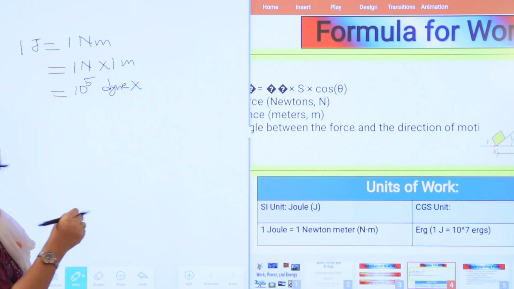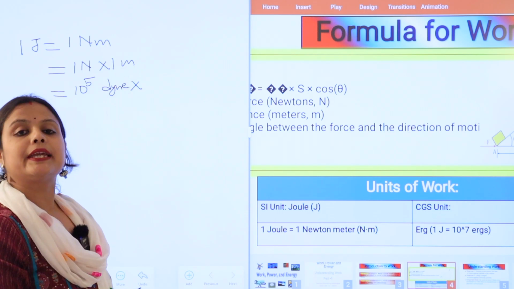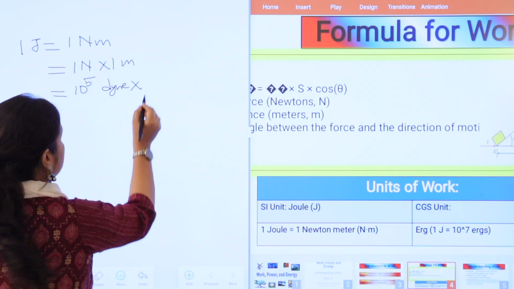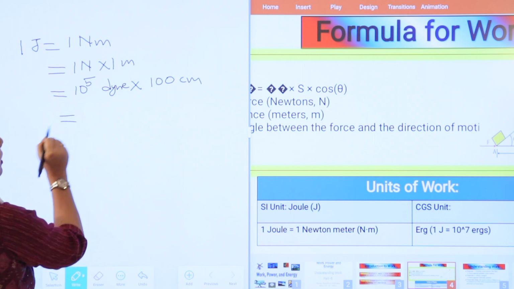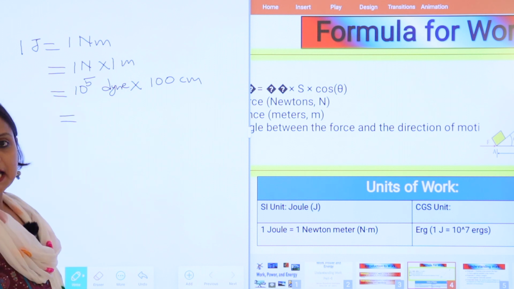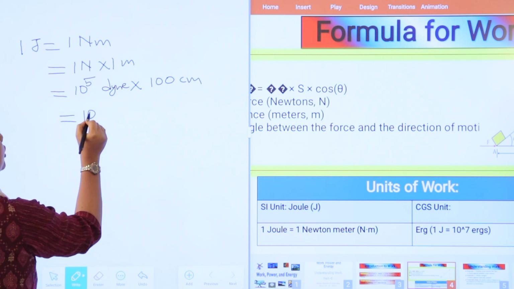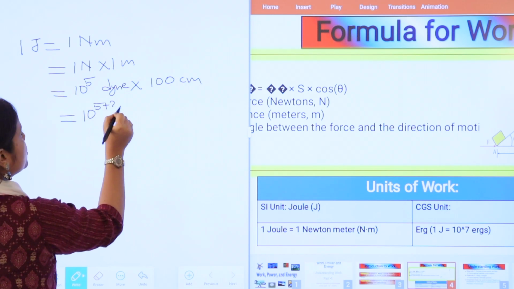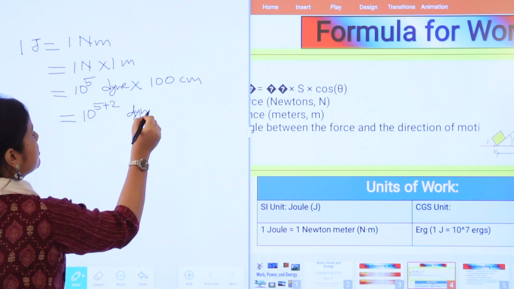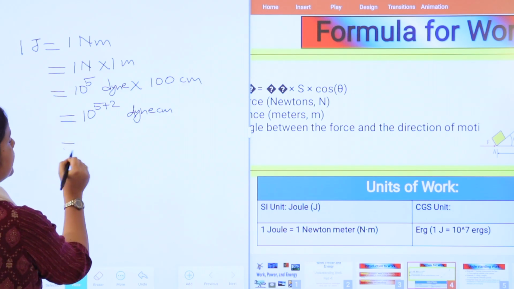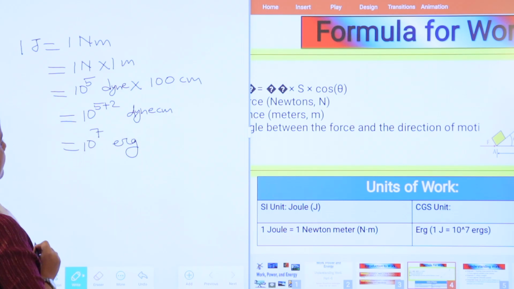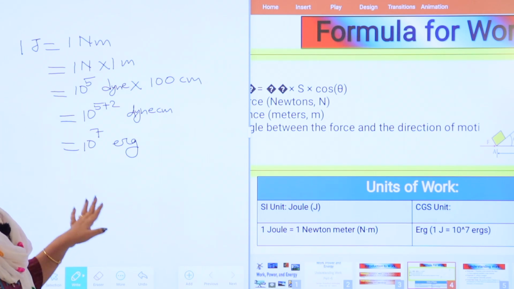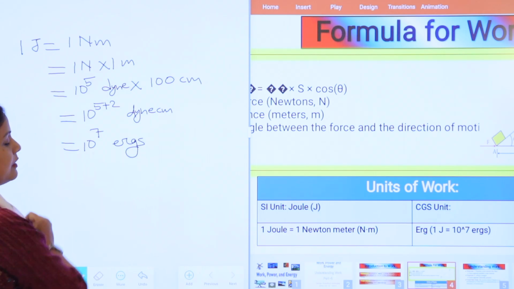And 1 meter, if I convert it into centimeter, we get 100 centimeter. From the laws of exponents, as you already know, that is 10 to the power 5 plus 2 dyne centimeter. What is it? That means 10 to the power 7 erg. So 1 joule is turning out to be 10 to the power 7 ergs.